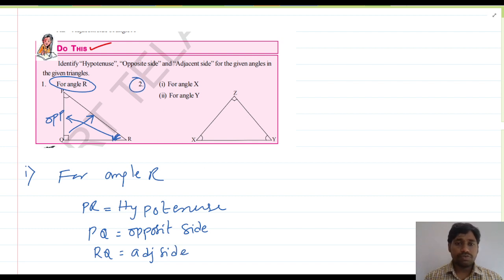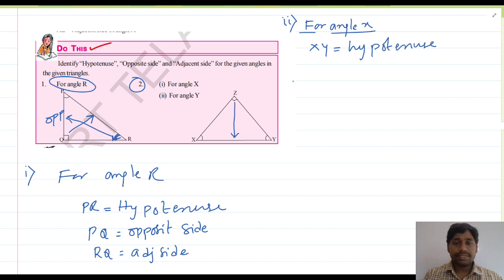Okay, next, in the second question, there is a right angle at Z, so for angle X, the hypotenuse is XY. Next, for angle X, the opposite side is YZ.